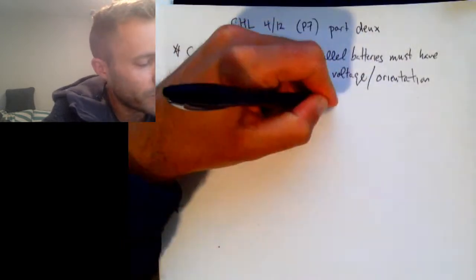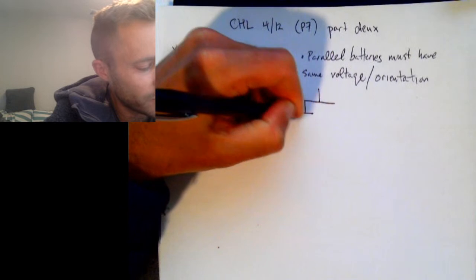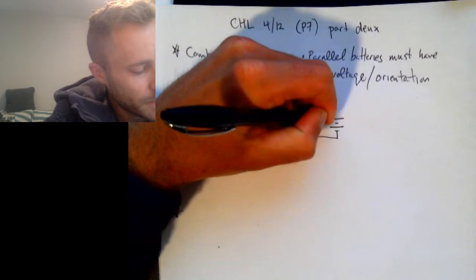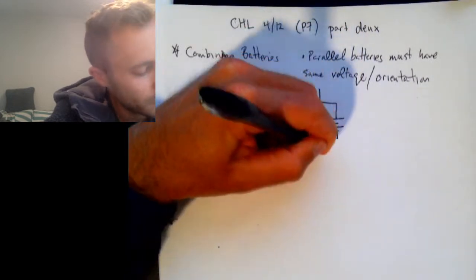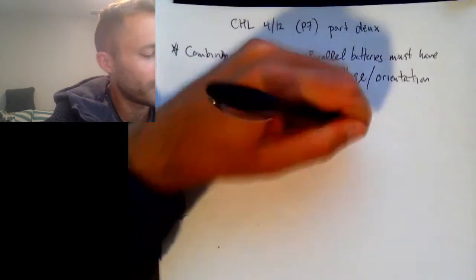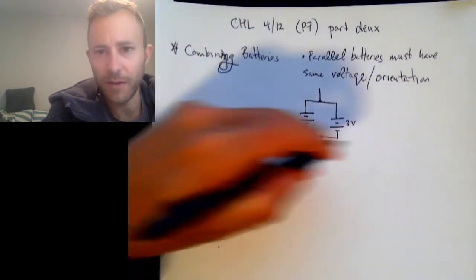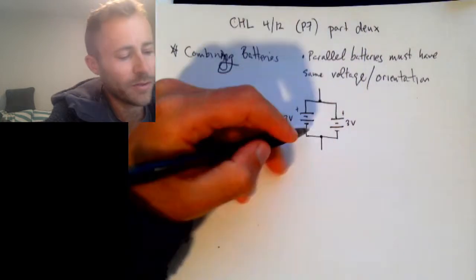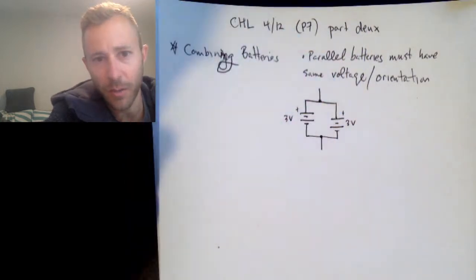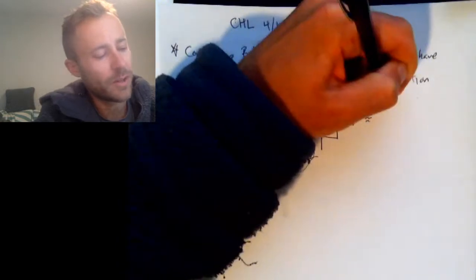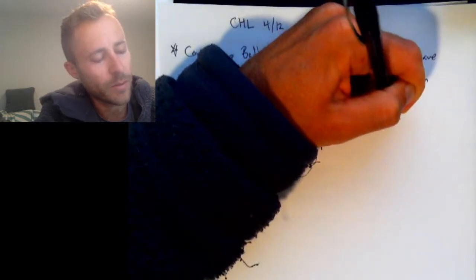So for example, if you have 2 batteries in parallel, maybe this is 3 volts, maybe this is 3 volts. So these two have to be the same numbers. And see how their positive terminals are connected by a wire. So that's what I mean by the same orientation. So this is equivalent to a single 3-volt battery.